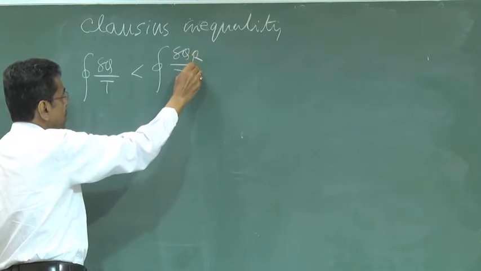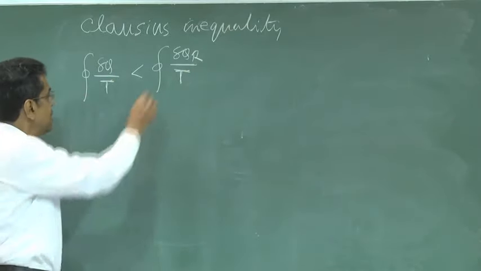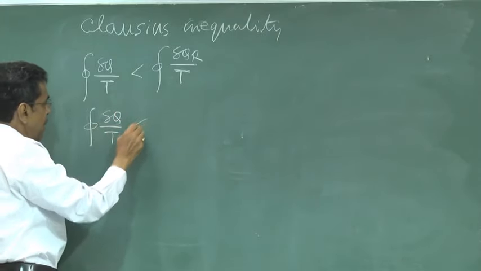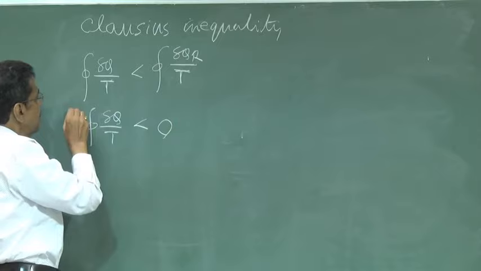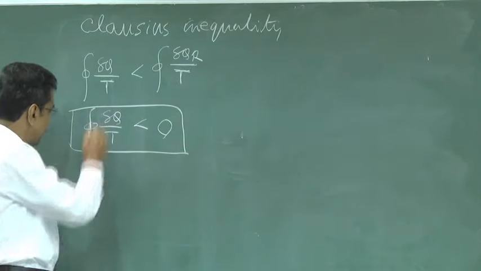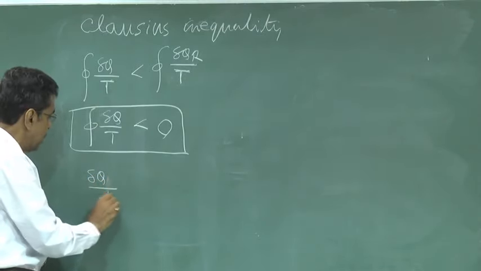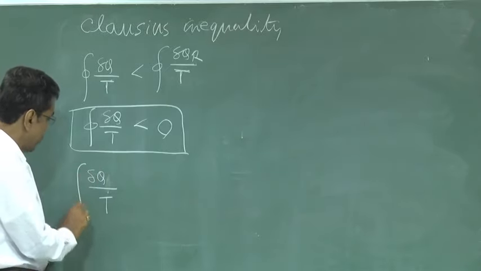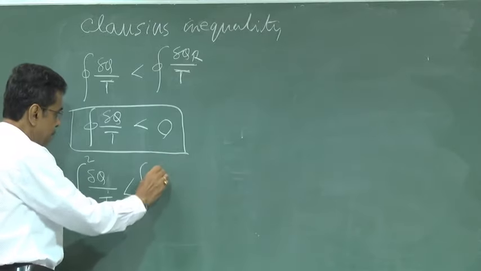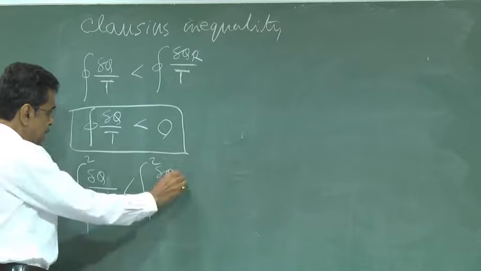You consider it endoreversible, so that T is the temperature of the working system. Since this is 0, the cyclic integral of del q by T is less than 0. This is Clausius inequality in terms of the cyclic integral, and hence it follows that del q by T in any process, for example 1 to 2, is less than its value in a reversible process from 1 to 2.